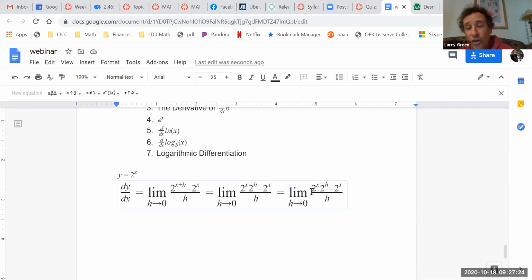And notice that 2 to the x doesn't have any h's in it. I could factor it all the way outside the limit. So I can take that 2 to the x and bring it outside.